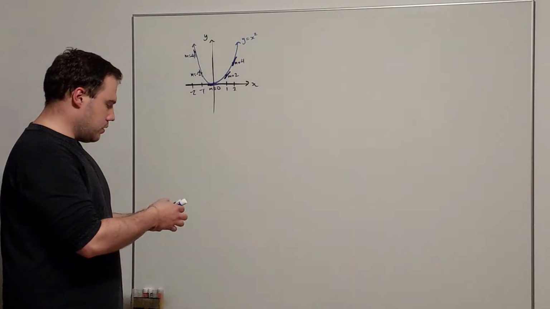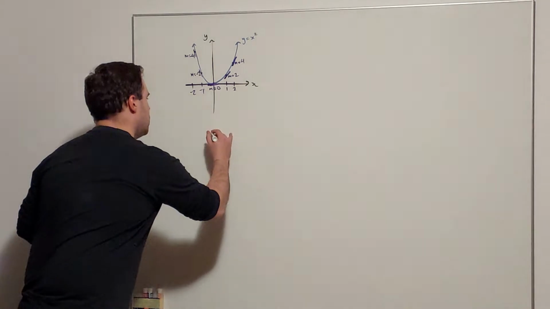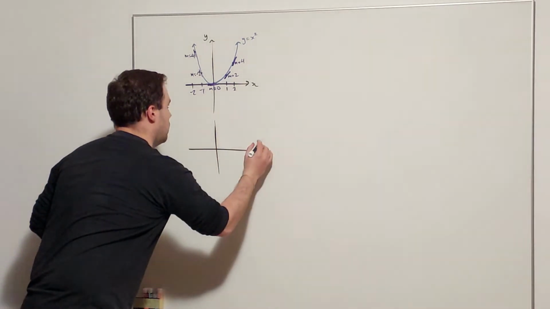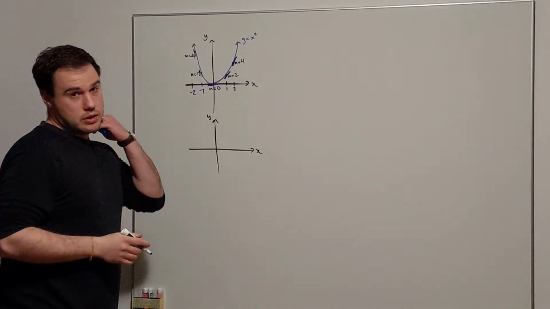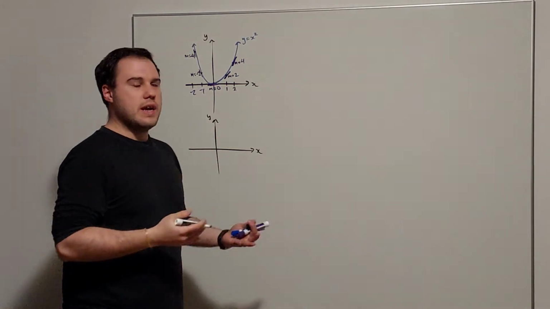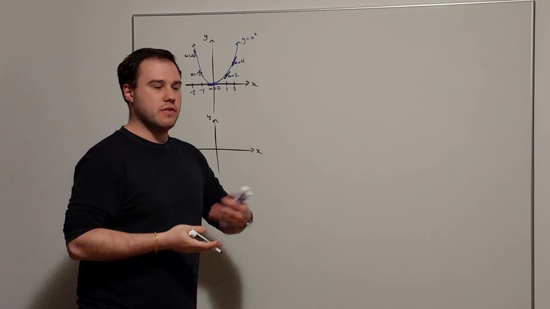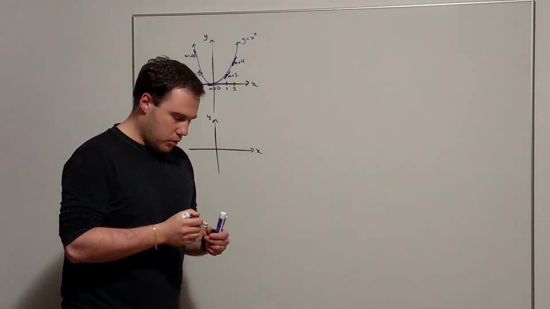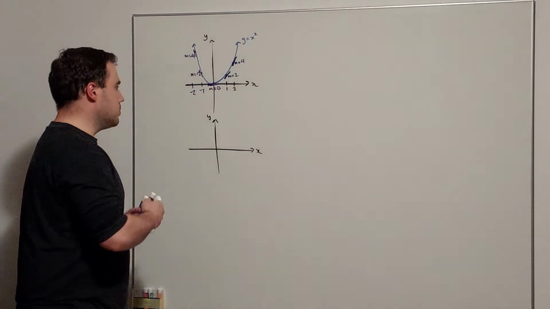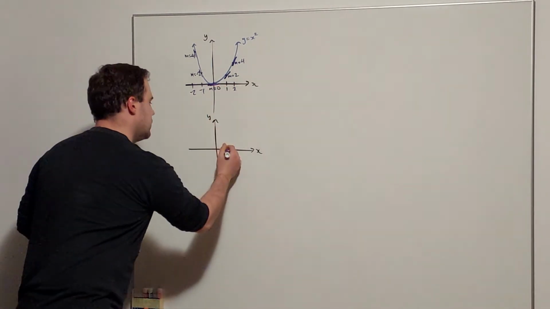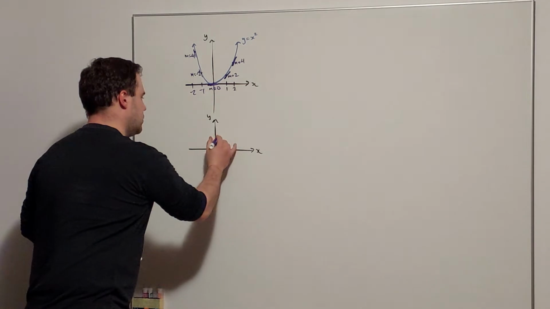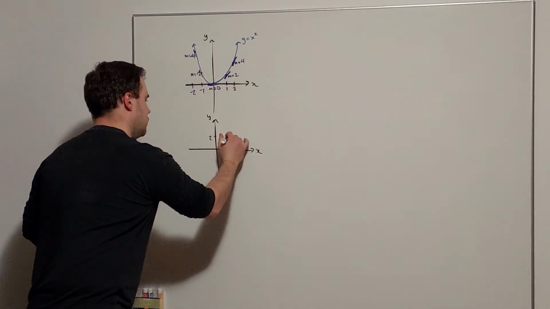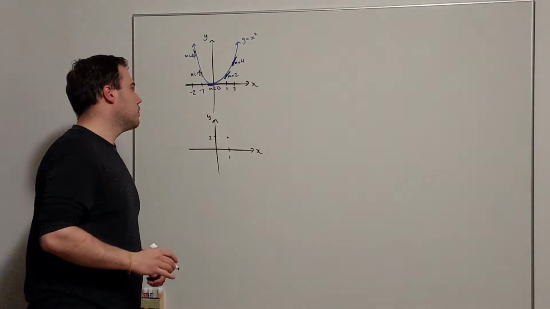So what we can do is graph not the function itself, but the gradient function, a function which tells us the value of the gradients at specific points. So let's plot those points that we have so far. When x equals 1, the gradient is 2, so we have a point there.